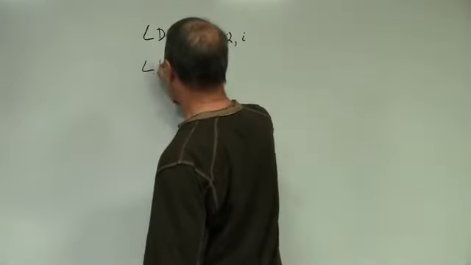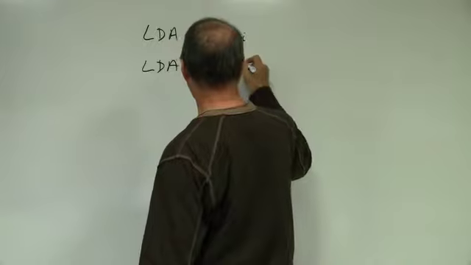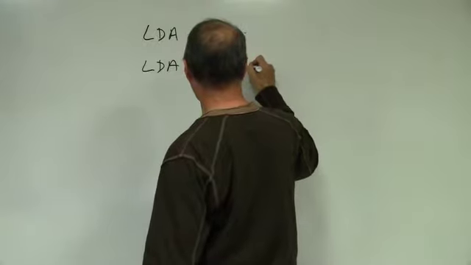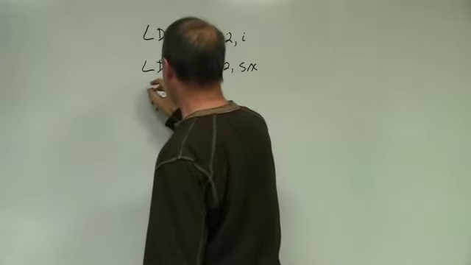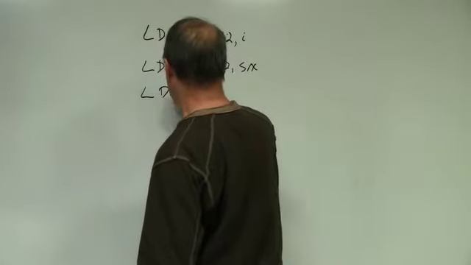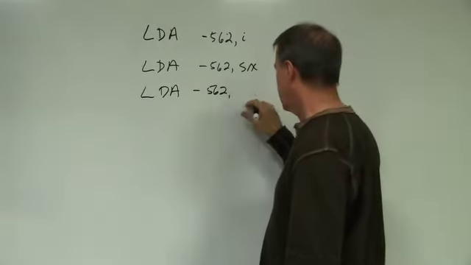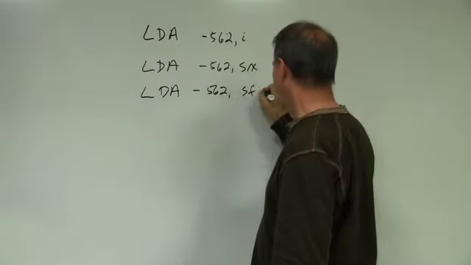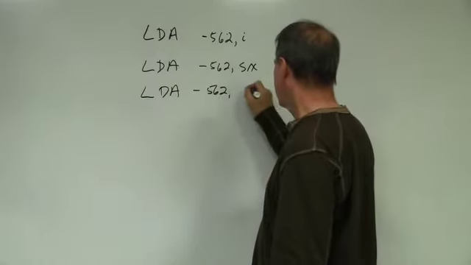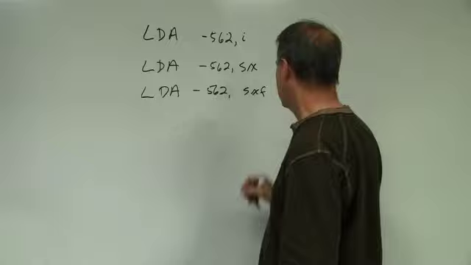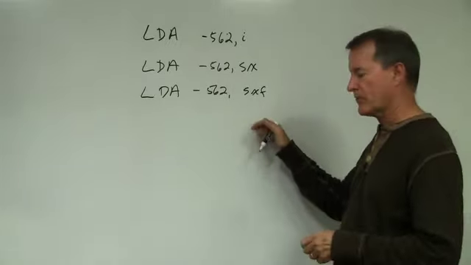Another one could be load accumulator, negative 562, stack relative indexed. What's the longest one? Load accumulator, negative 562, stack index deferred. This is called stack index deferred addressing.